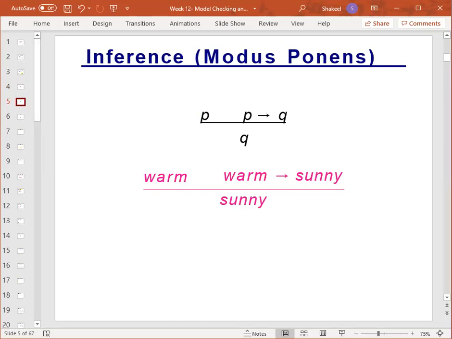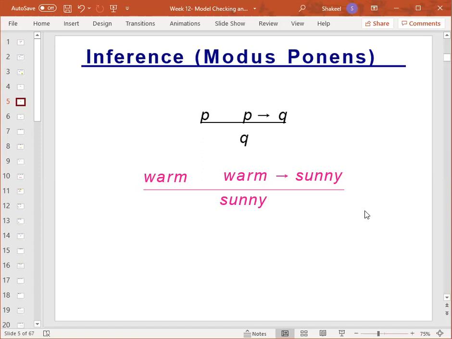And warm implies sunny is true, so sunny is true, and this comes simply from the definition of implication itself. The implication warm implies sunny cannot be true if the left hand side is true and the right hand side is false.